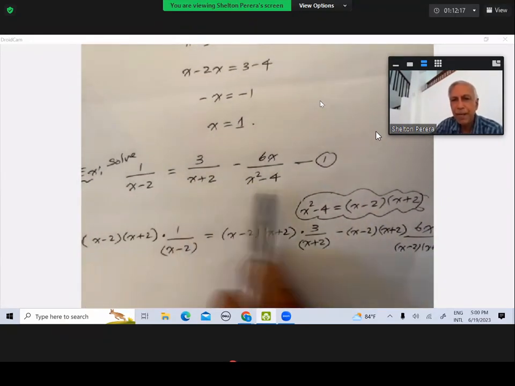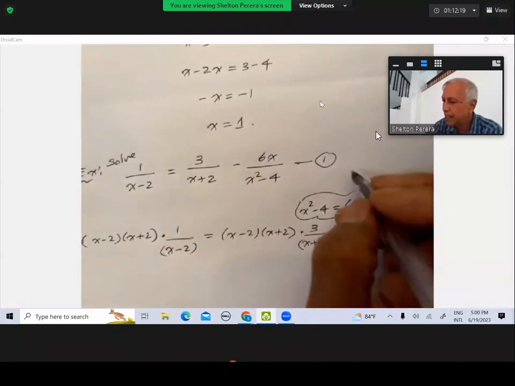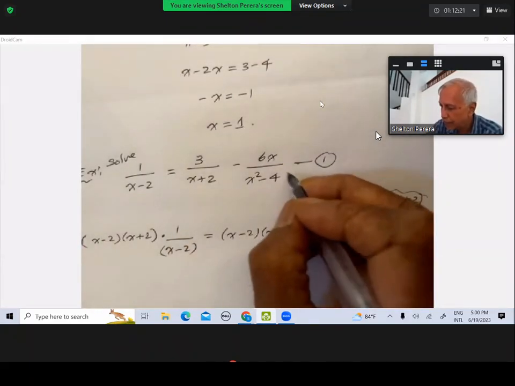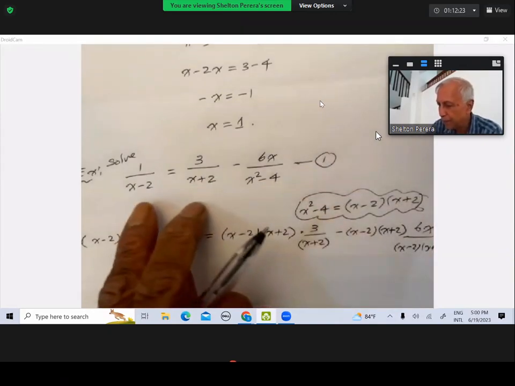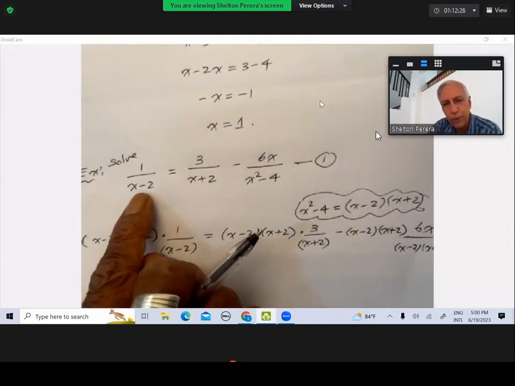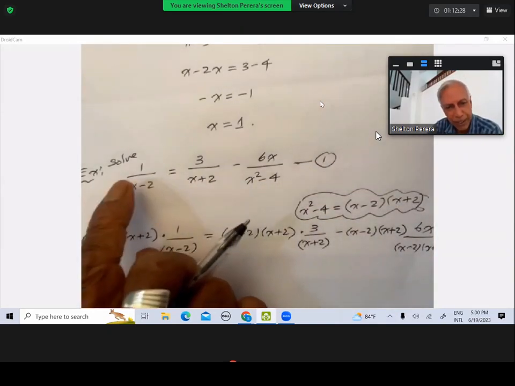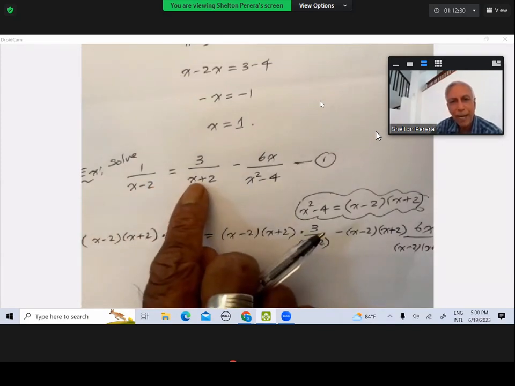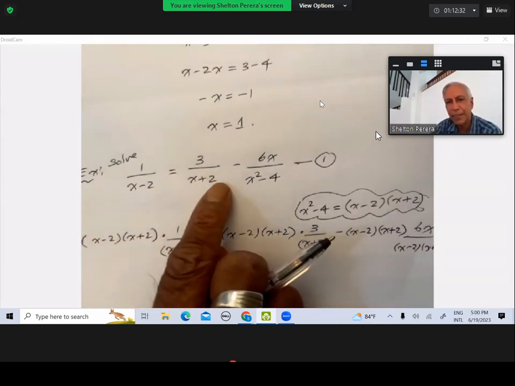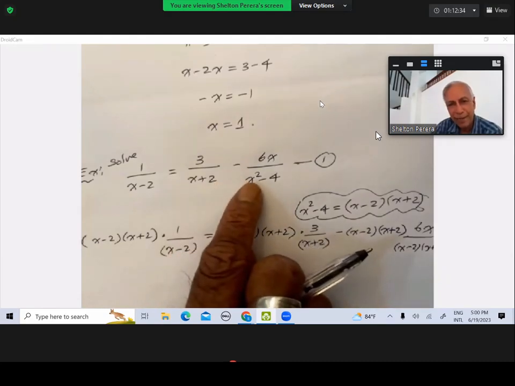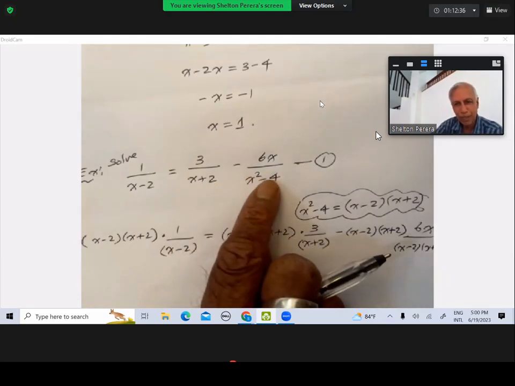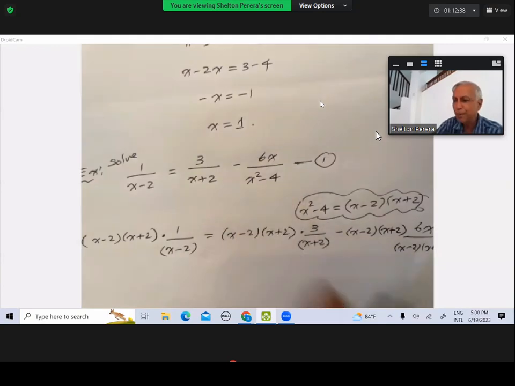Now here we have to say this is valid for, so what are the bad values? 2. X equals 2 would make this 0. Minus 2 would make this 0. And this also 0 only when x is either 2 or minus 2.